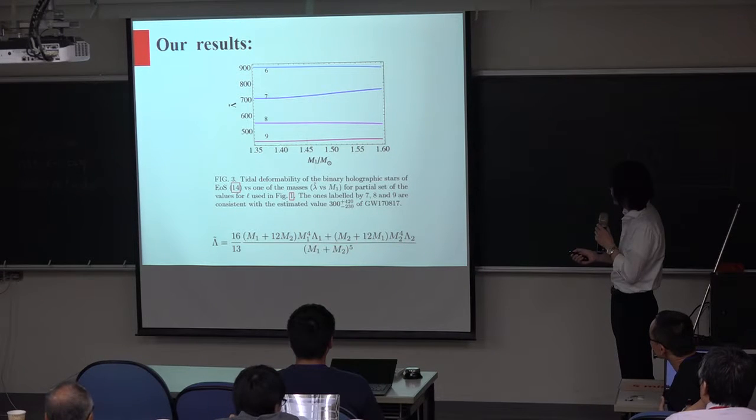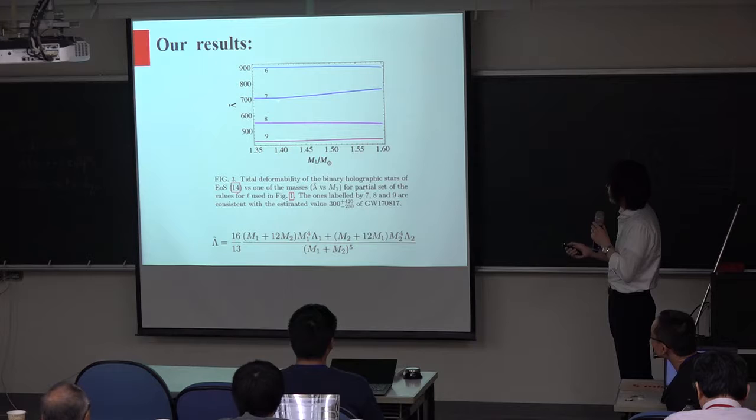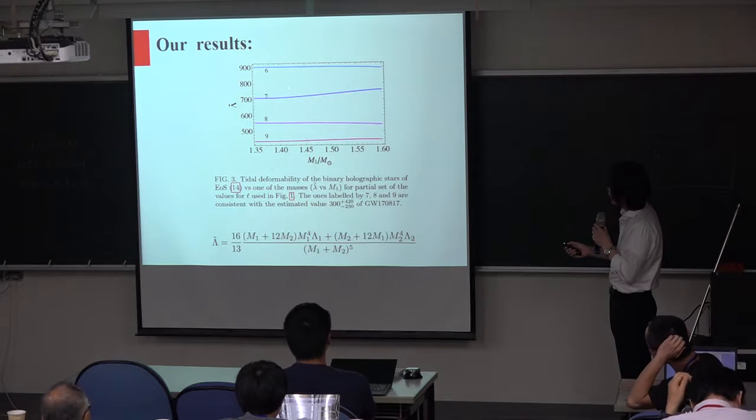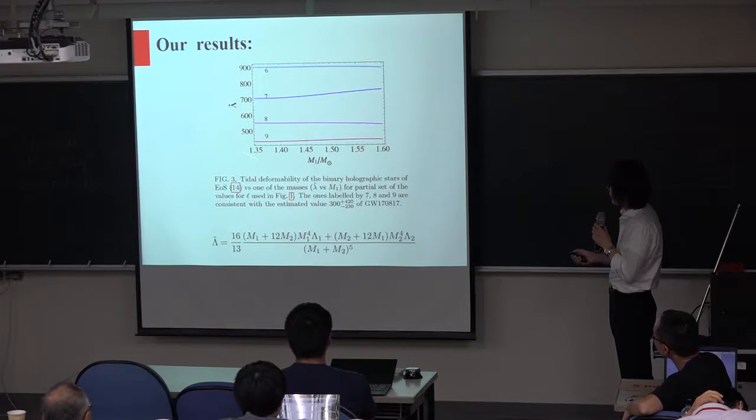In our case, this 6 means 16,000 for the value of L to the -7, and in our study, those 4 lines will satisfy this tidal deformability constraint.